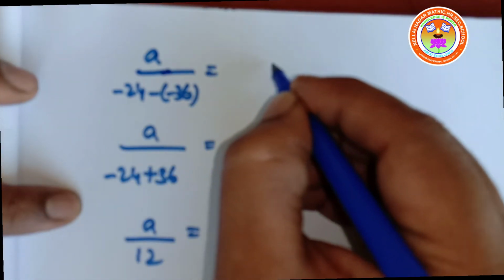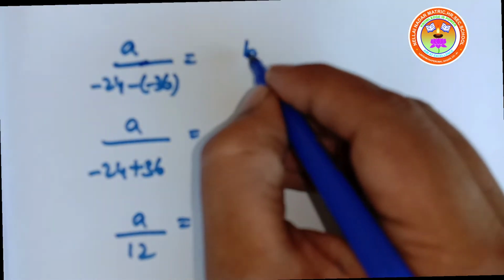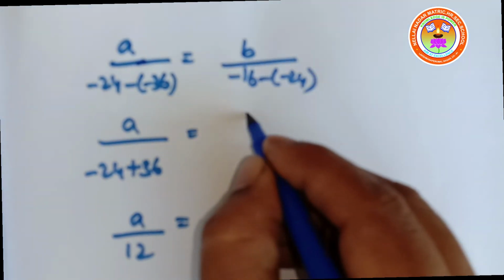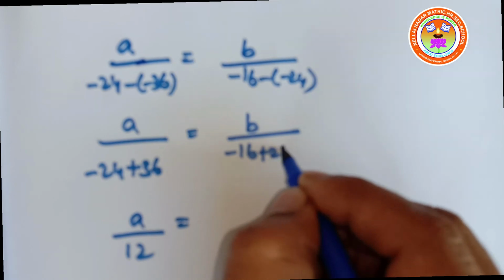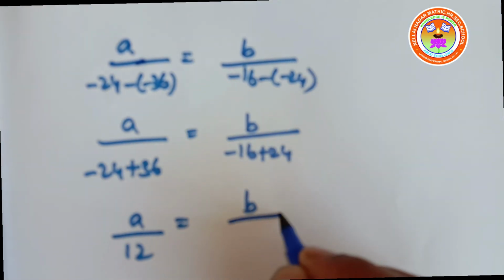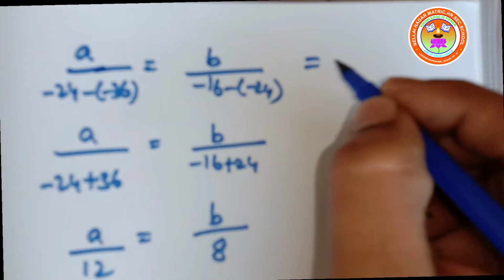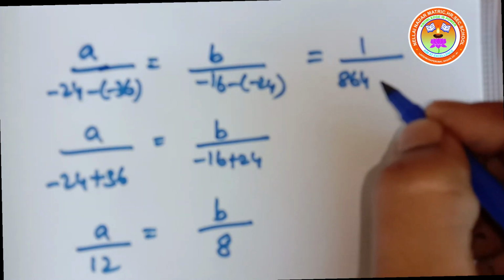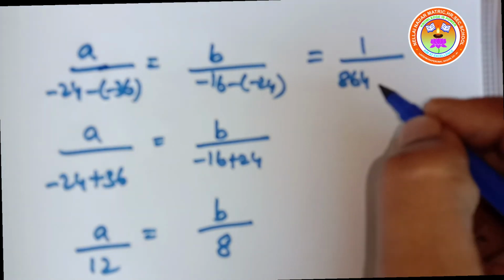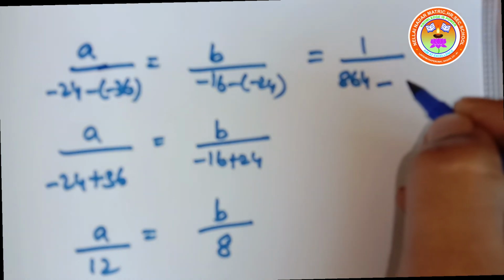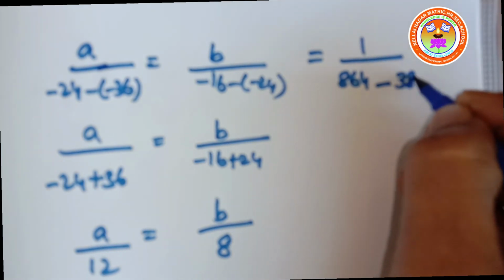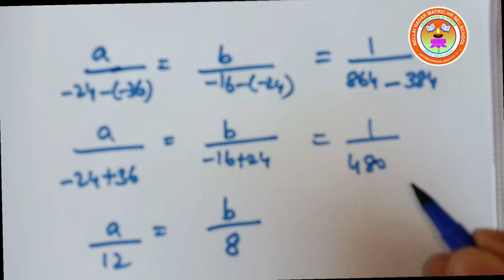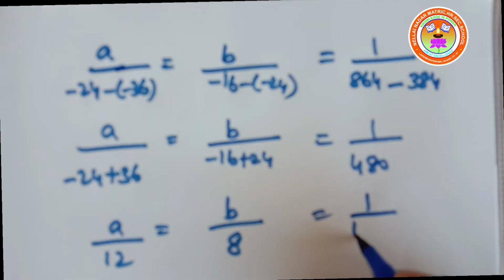Next value is b by minus 16 plus 24, so b by 8. Next 1 by 864, that is 24 into 36, minus 16 into 24 is 384. It's clear, children? So when you subtract this you get 480, that is equal to 1 by 480.